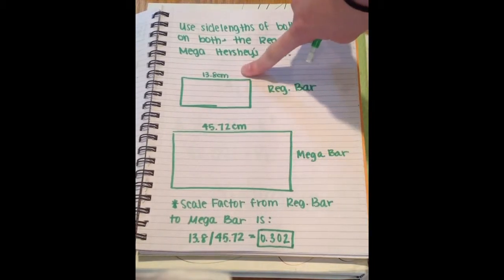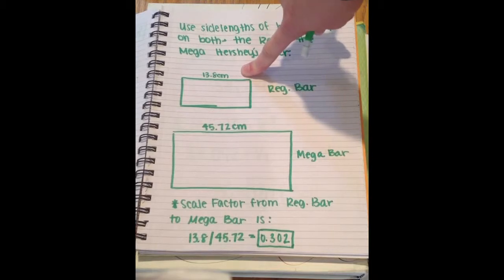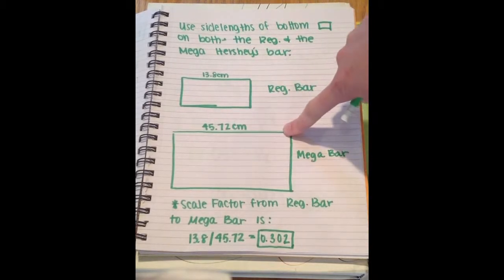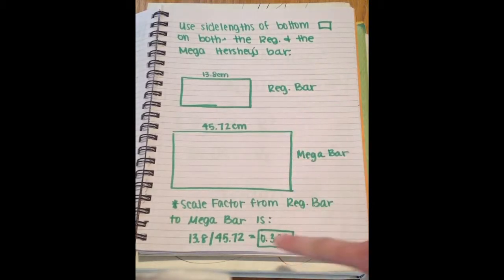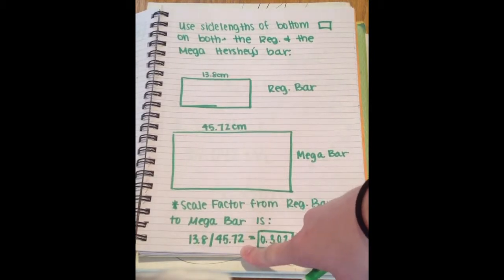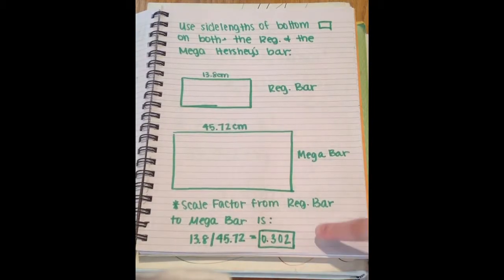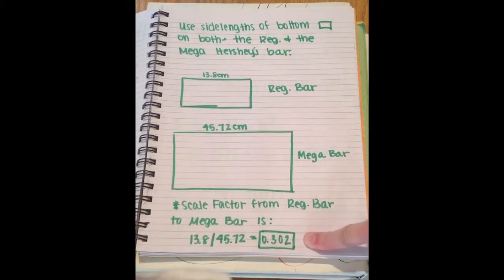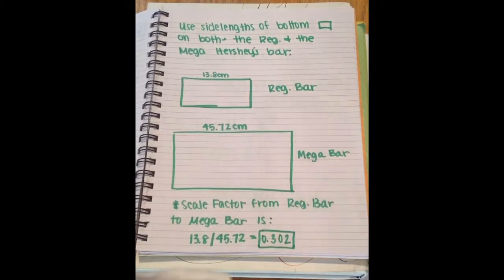The value for the regular bar is 13.8 centimeters and the value for the mega bar is 45.72 centimeters. So I just set up a ratio, 13.8 over 45.72, and we get our scale factor to be 0.302. So now we can go in and use those formulas.